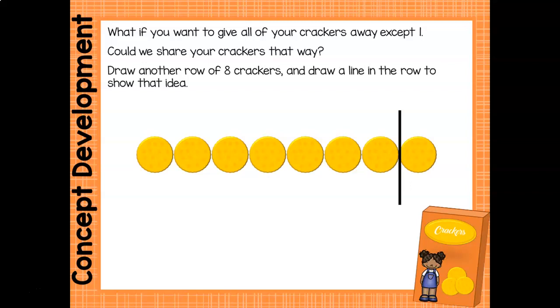Now, I'm going to give you a few minutes to do this, and then I'm going to go to the next slide and show you what your answer should look like. Go ahead.